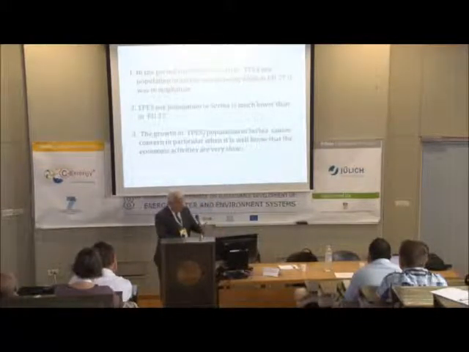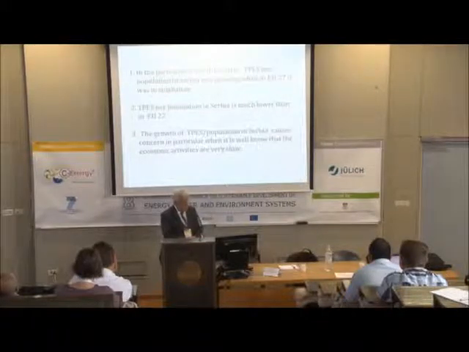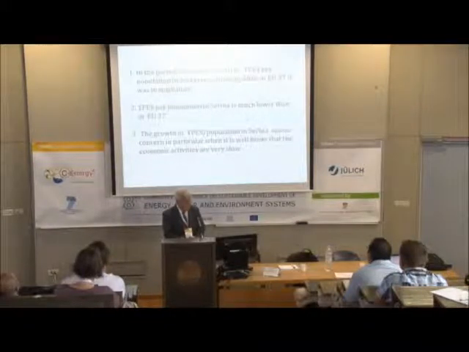We can conclude after this one that in the period from 90 to 2010, TPS per population in Serbia was growing, while in European Union it was in stagnation. TPS per population in Serbia is much lower than in European Union 27.